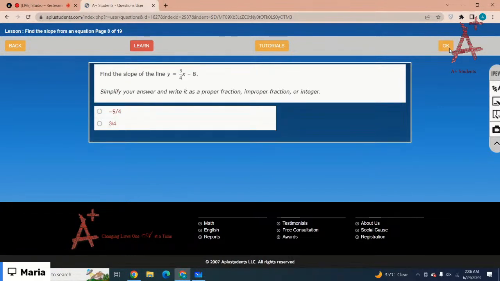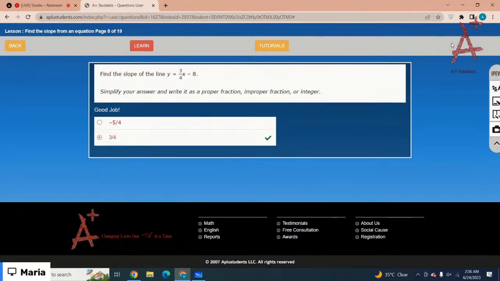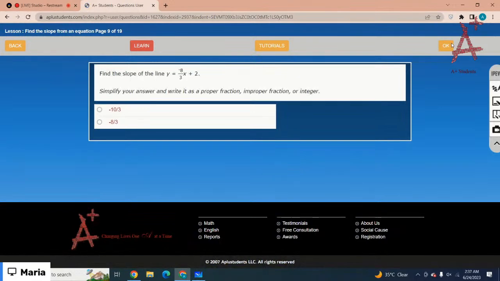Okay, find the slope of the line y equals 3 over 4x minus 8. So which is the slope of the line? The slope of the line is 3 over 4. Okay, find the slope of the line y equals negative 8 over 3x plus 2.